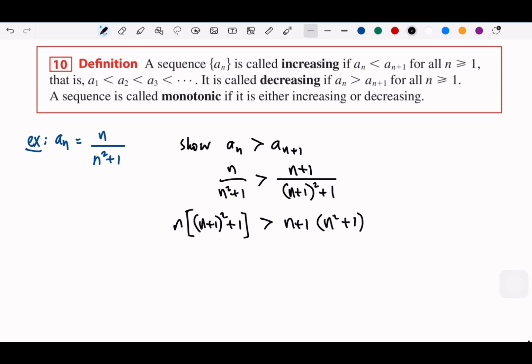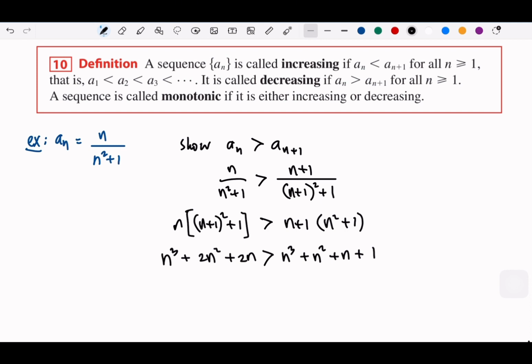So this will be n squared plus 2n plus 2, so we multiply: n cubed plus 2n squared plus 2n. And this is going to be greater than n cubed plus n squared plus n plus 1.